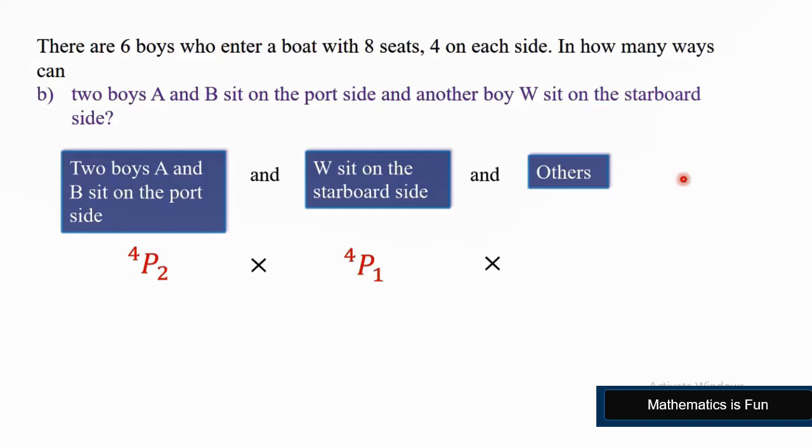So here we have 5P3 different ways to arrange these remaining 3 boys on these seats. So let's take the product. So we have 2,880 ways to arrange these 6 boys on 8 seats for the given restrictions.